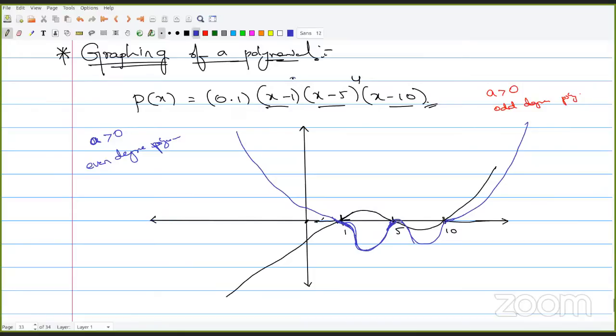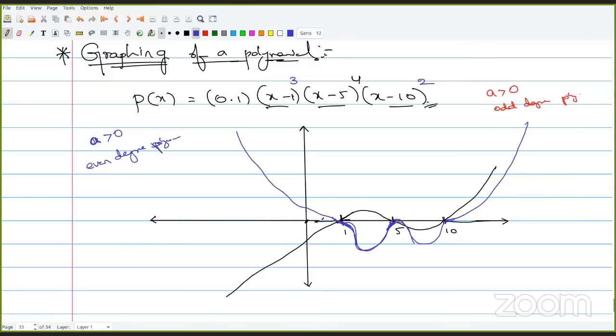Here 1 and 10 are the extreme roots, no? And we have to first plot the extreme roots. But one is even degree and another is odd degree. Then how to approach it? This case, right? Yes, one is odd and one is even.